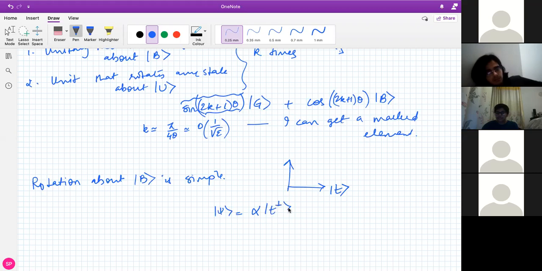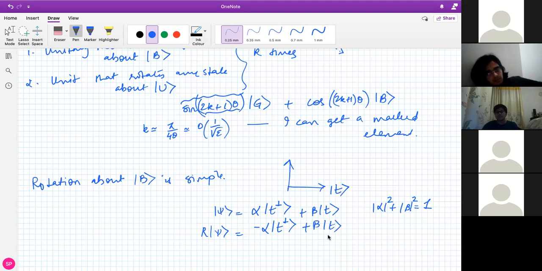Alpha T, perpendicular to that, and say beta T, where alpha mod square plus beta mod square is equal to 1. And a rotation about T would give me a phase of -1 for the vector that is perpendicular to T. And for the vector that is not perpendicular, that is like T, it should not give me any phase. This is what my rotation would do, right?